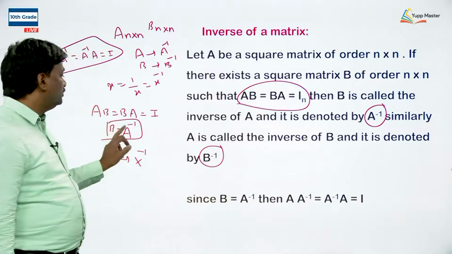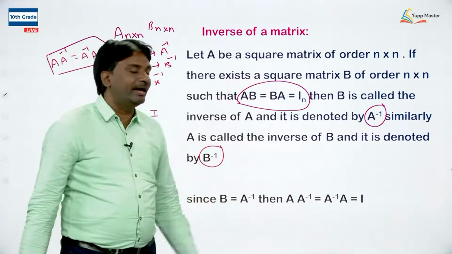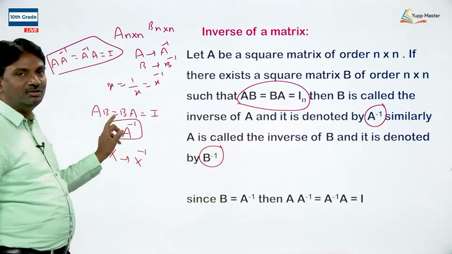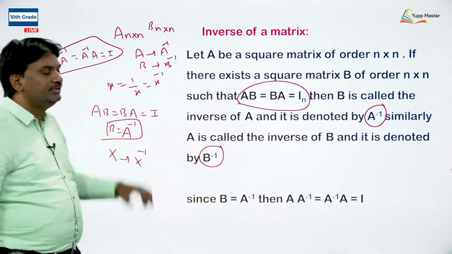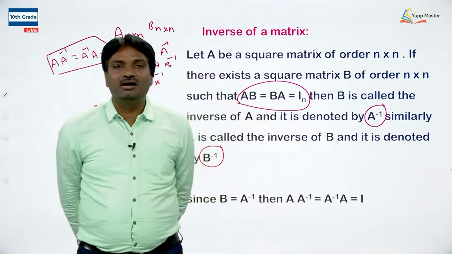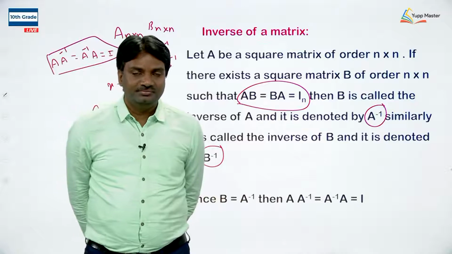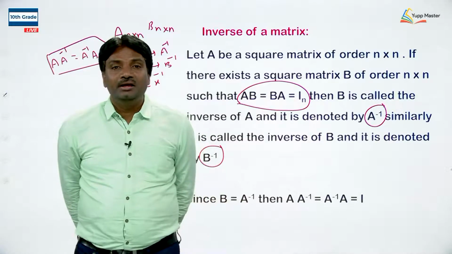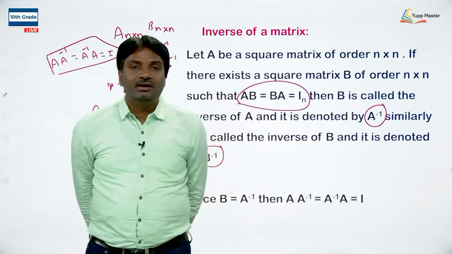Since B equals A inverse, in the formula AB equals BA equals In, in place of B by writing A inverse, A into A inverse equals A inverse into A equals I. The meaning of this is, if you multiply the matrix A by its inverse, you will get I.